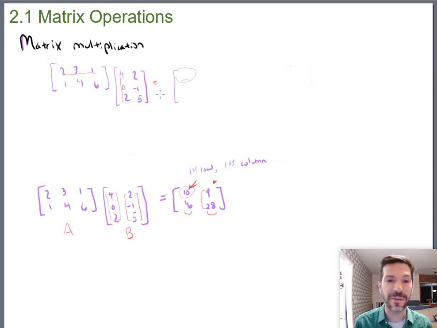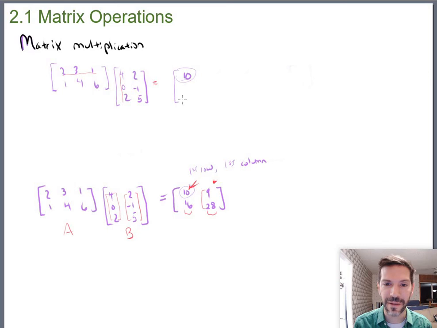I'm still trying to figure out the 10, so basically the first row, first column slot in the answer, which means take the first row and multiply it by the first column. So what I mean by that is it's 2 times 4, which is 8, plus 3 times 0, which is 0, so we're still at 8, plus 1 times 2, which is 2. So total 8 plus 2, 10.